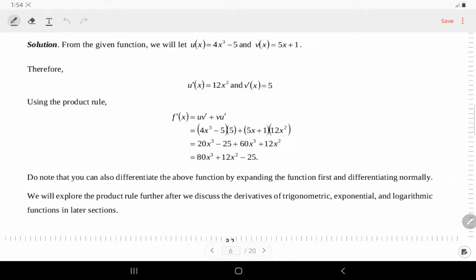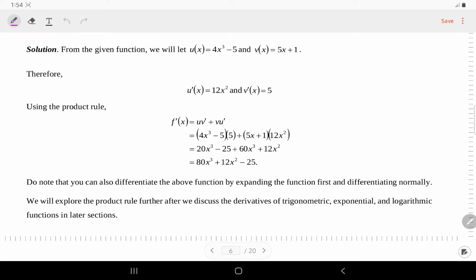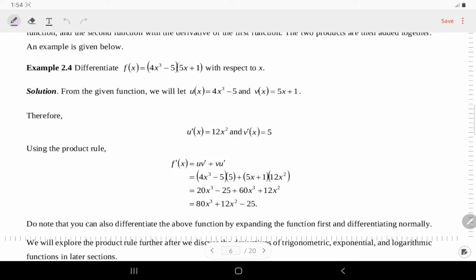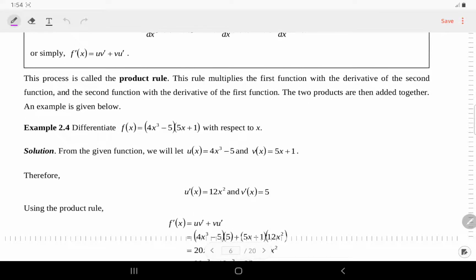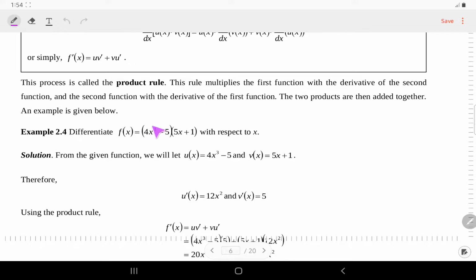Okay, for this kind of function, if you don't want to use the product rule, you can simplify this function first, meaning that you need to expand this function.